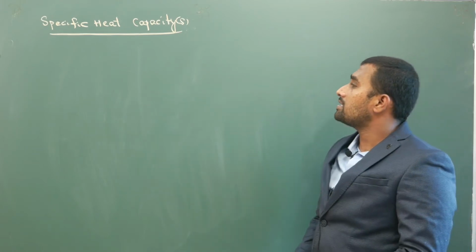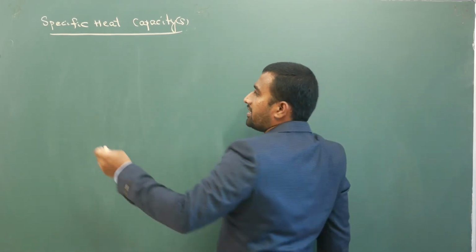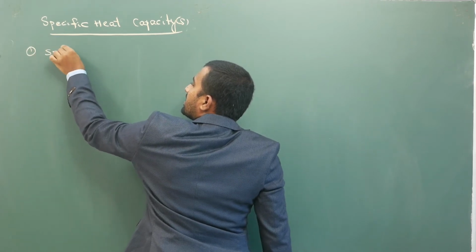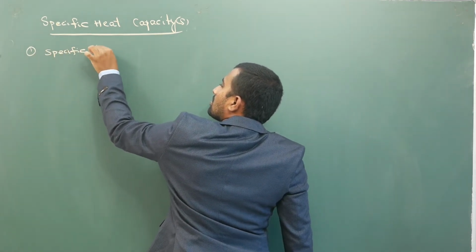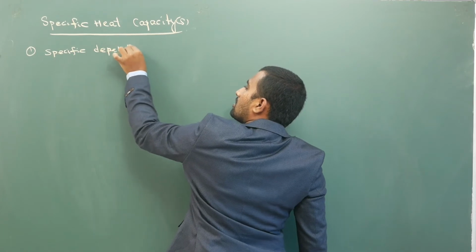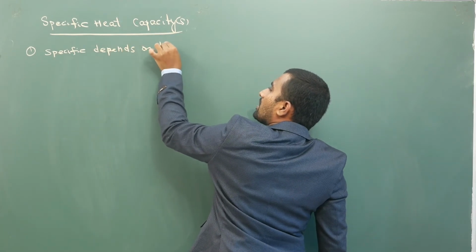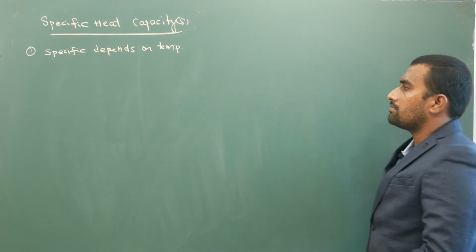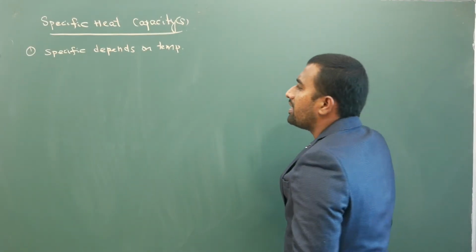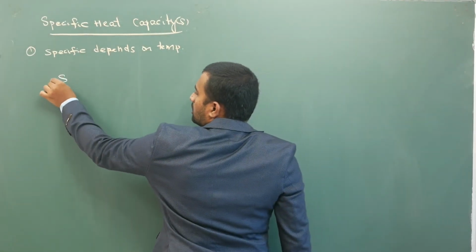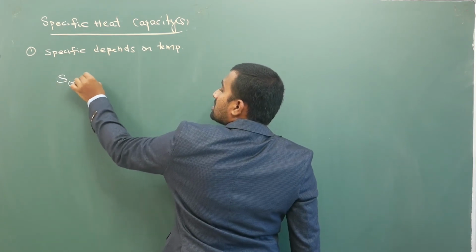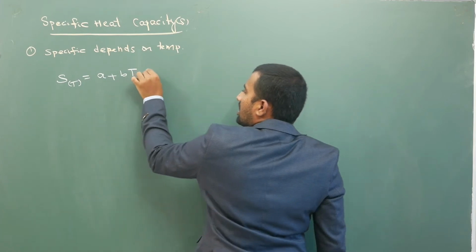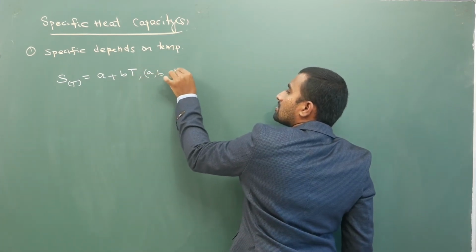Some extra points. The first point is that specific heat depends on temperature. As an example, suppose specific heat as a function of temperature is given as A plus Bt, where A, B are constants.